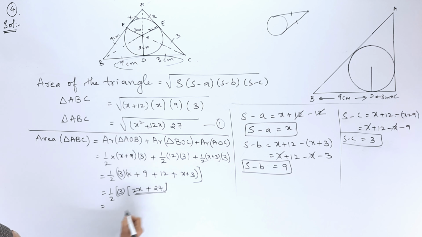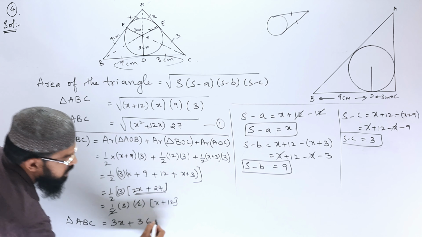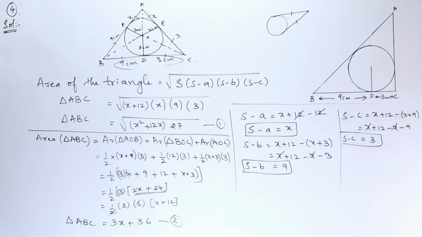Now take out 2 common. Half of 3 into 2 into x plus 12. So 2 cancels. 3 into x, 3x. 3 into 12 is 36. So 3x plus 36 is the area of the triangle ABC. This is our second equation.